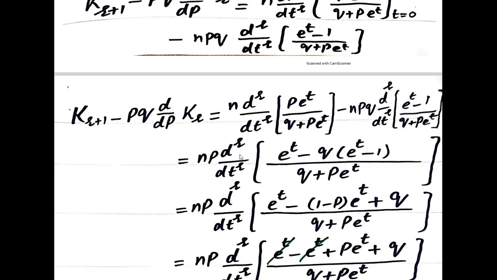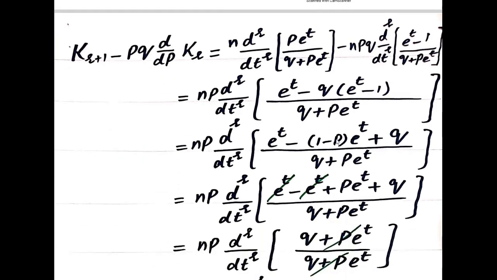So we take this common, and here we can take the LCM of q plus p e raised to the power t. After taking this LCM, here we are left with e^t, because p is already taken common outside, minus q into (e^t minus 1).